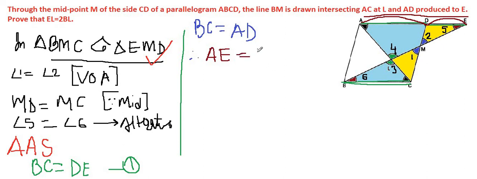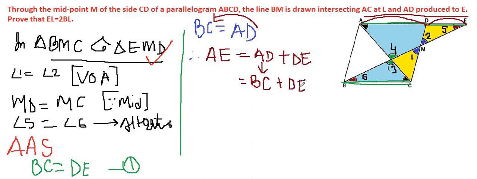We just found that AD is equal to BC, therefore we can replace AD by BC plus DE, which is equal to AE.